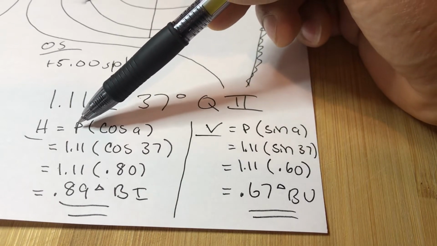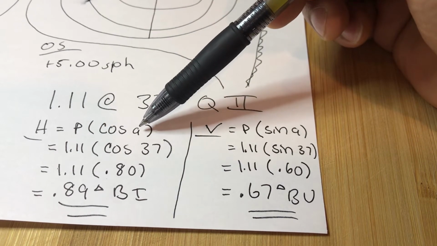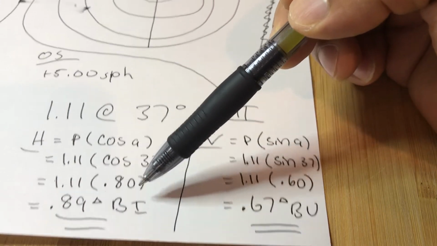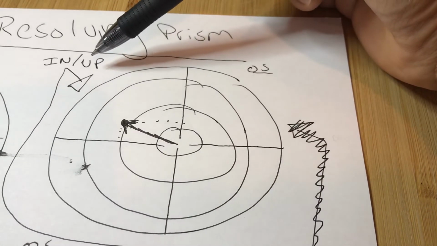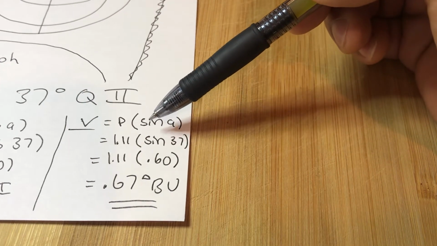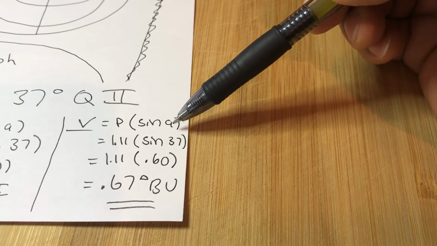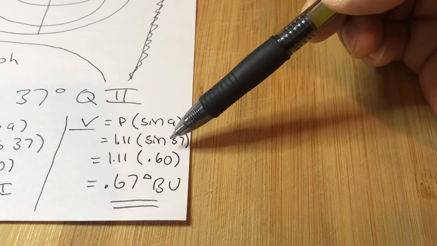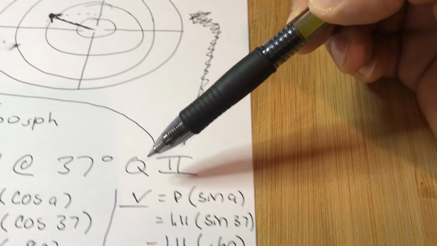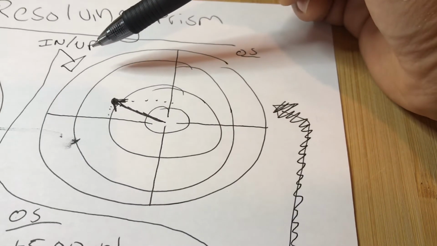We then go to the prism times the cosine to get the horizontal, work through the formula, we get 0.89. It has to be base in. Left eye vertical, prism times sine of the angle, 1.11 times sine 37 brings us down to 0.67, and again it has to be base up.